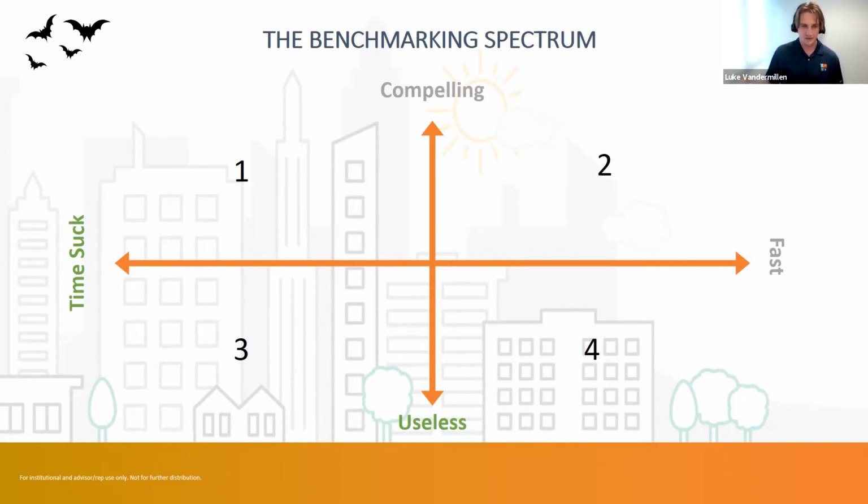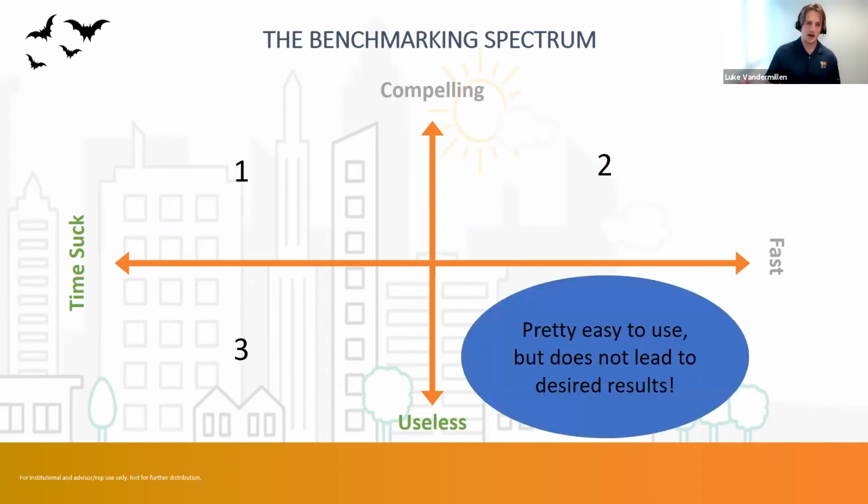So on our y-axis here, we have reports that are compelling to completely useless. And on the x-axis here, we have reports that take a ton of an advisor's time to ones that run almost immediately on demand. In this bottom right quadrant, we have our benchmarking resources that are easy to use, but don't lead us to desired results.